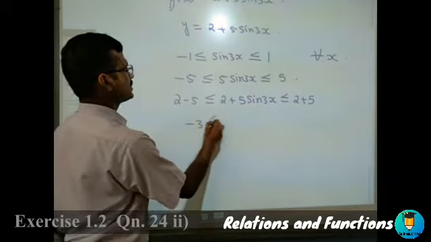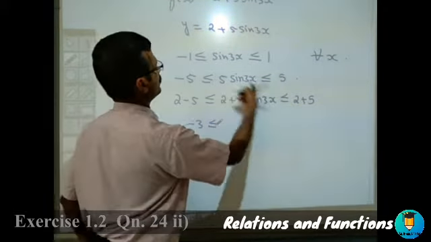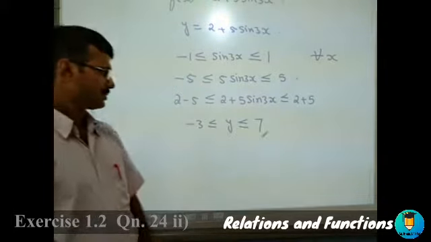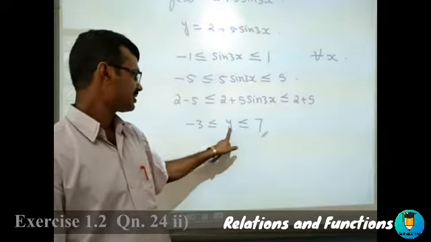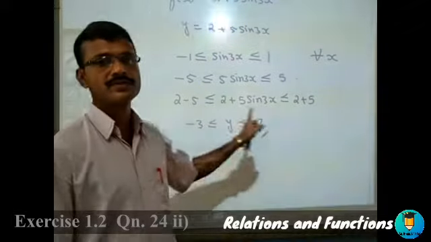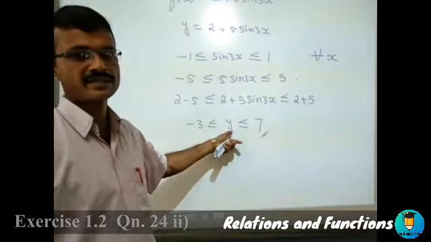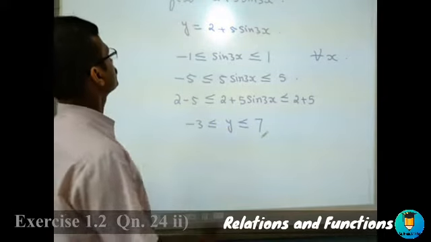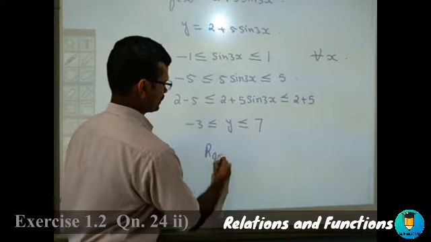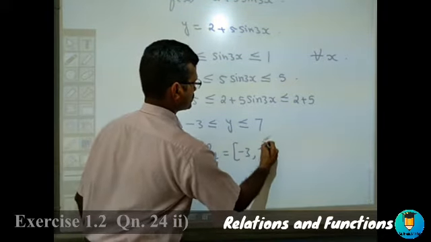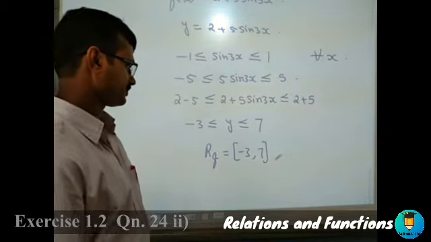So it is -3 less than or equal to y, this is our y, less than or equal to 7. So the values of y lie from -3 to +7. This is the corresponding range. Therefore the range of f we can write as -3 to +7 in closed interval.